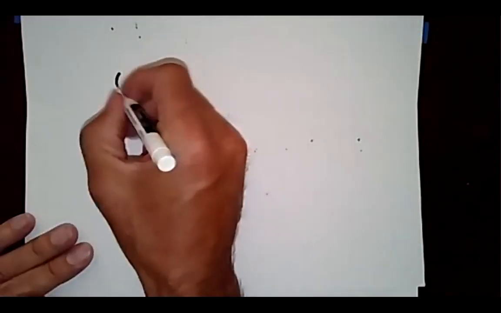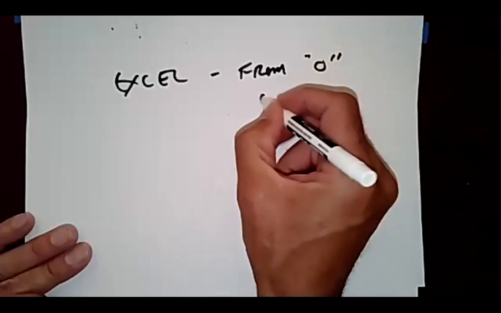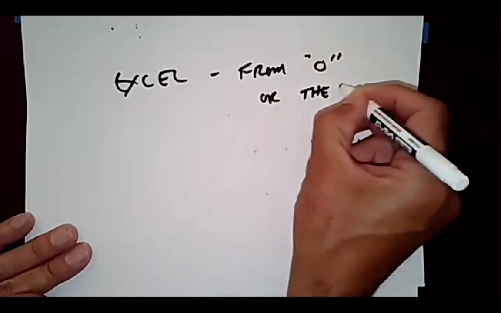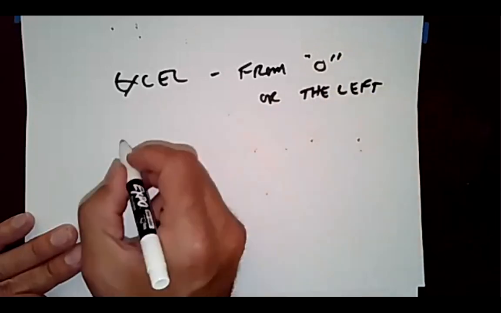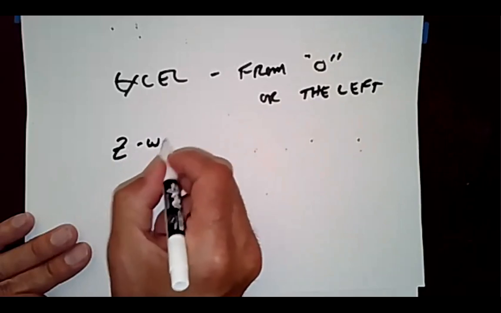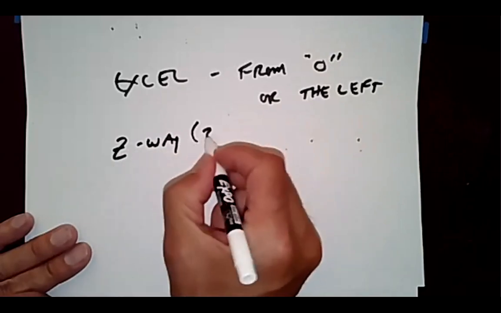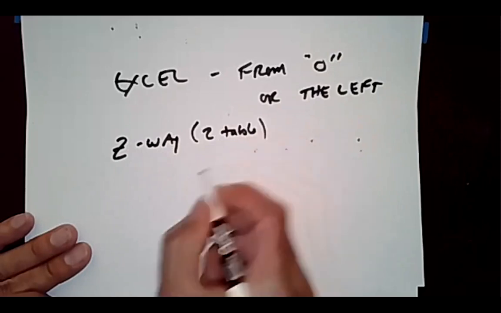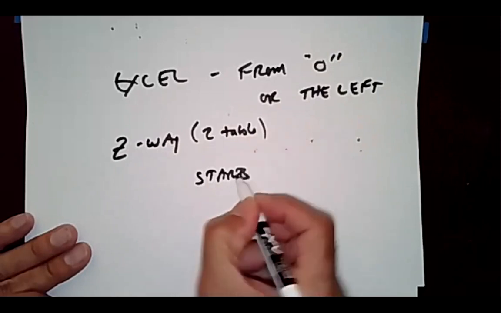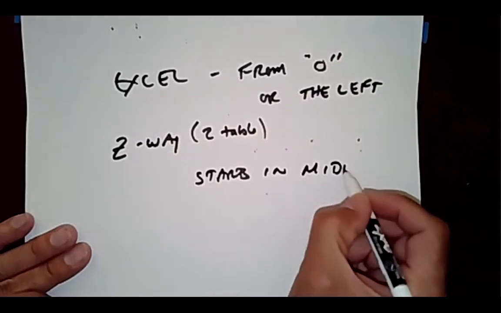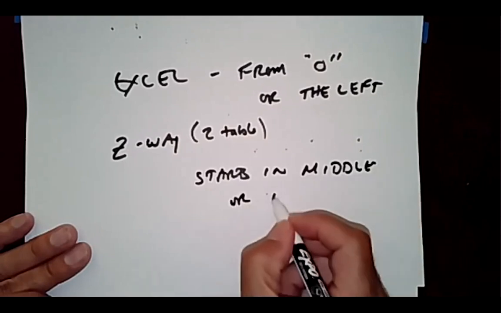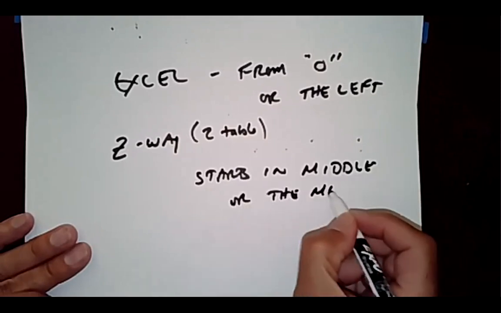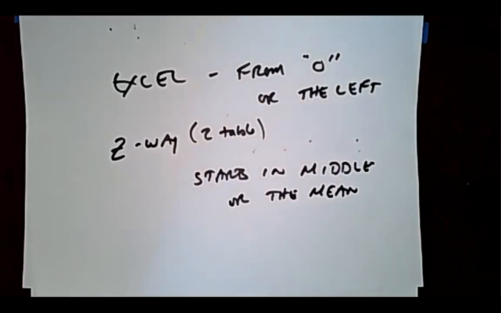Excel measures from the 0 point, or the left. The Z table starts in the middle, or the mean. That's a great question. So don't feel bad, a lot of people get that wrong, right?